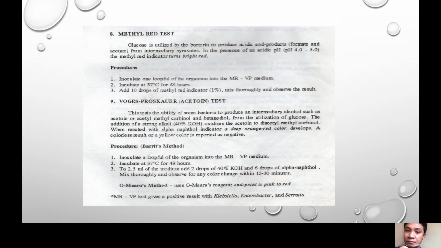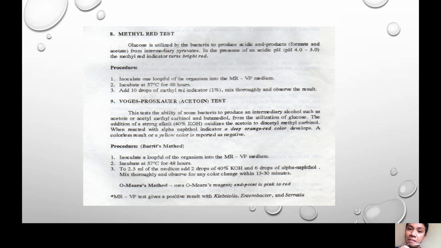That's a positive. Another one, Voges-Proskauer or your acetoin production. Some bacteria convert their glucose to pyruvic acid and further convert that one to your alcohol in the form of your acetoin. Again, that's the principle of your Voges-Proskauer.